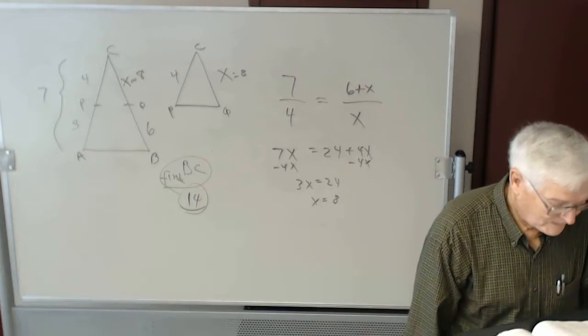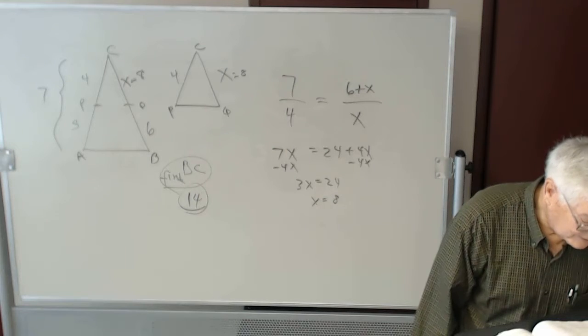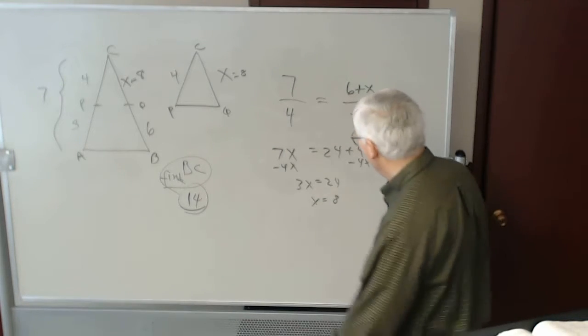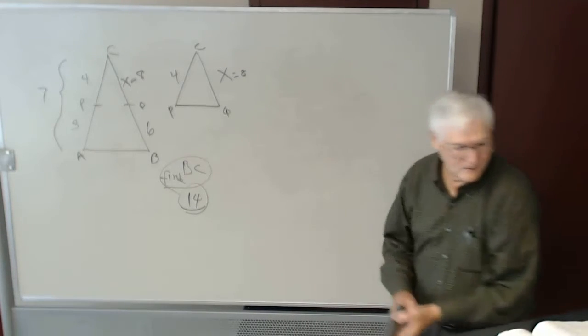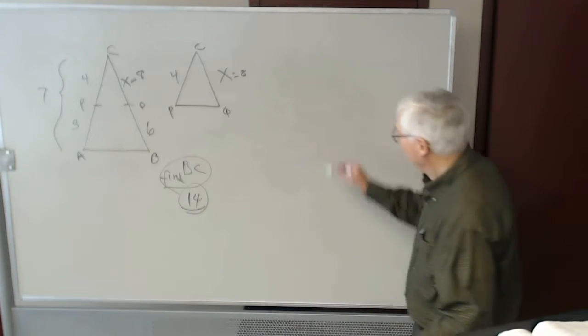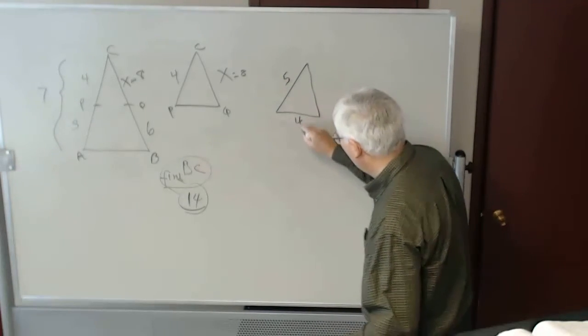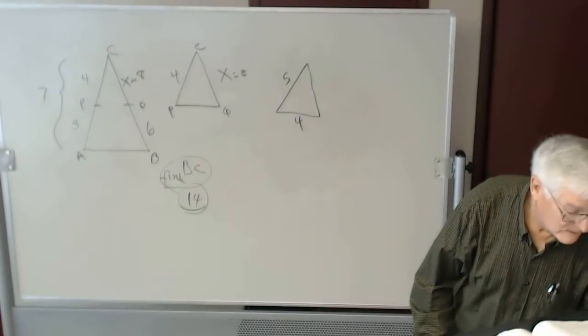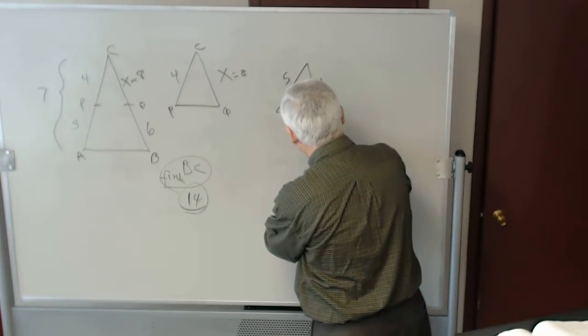Could you do 27? These triangles are similar. And what does it say about them? Find the lengths marked X and Y. One triangle is 5, 4, and 3.